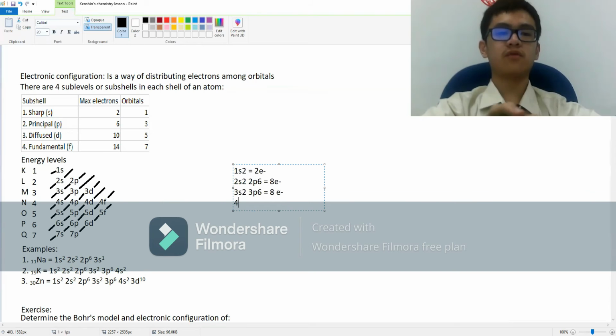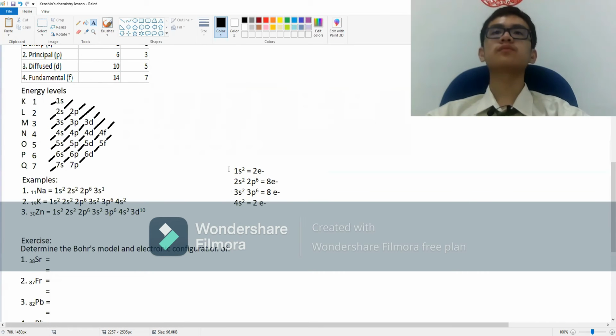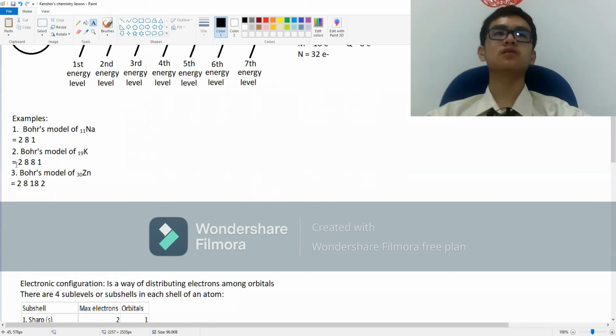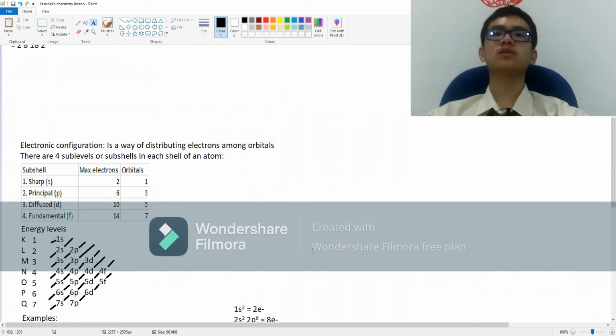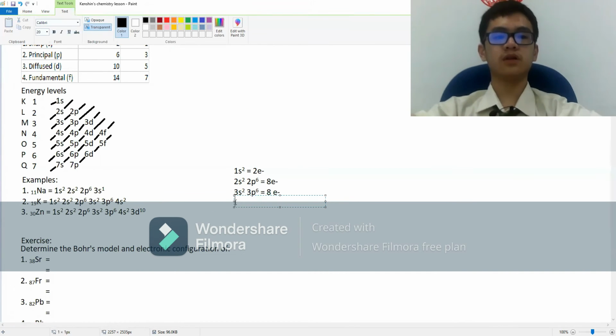And then you have 4s2 where you get 2 electrons. So now you have the first shell with 2 electrons, second shell 8, third shell 8, and fourth shell 2. So you get 2, 8, 8, 1. Wait. Sorry about that. This should be 4s1 with 1 electron.